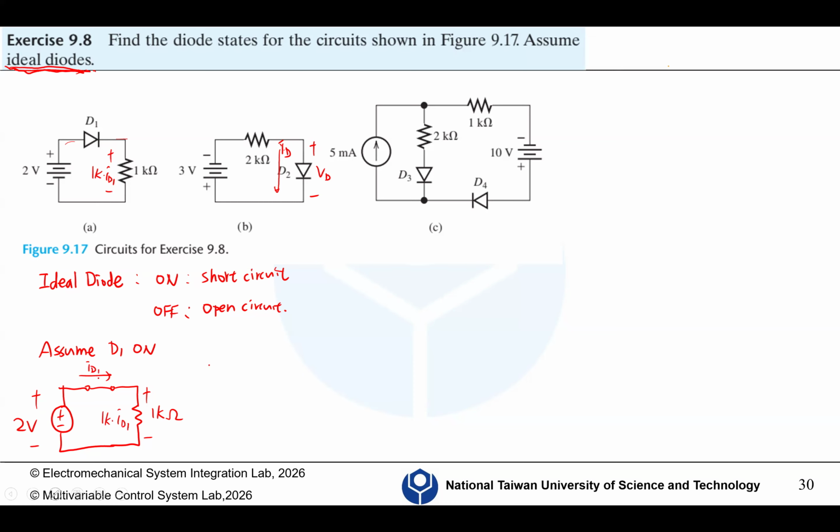Using KVL within this loop, we have minus 2 plus 1K times ID1 equals 0, and then ID1 equals 2 milliamps, which is positive. So the assumption is valid.